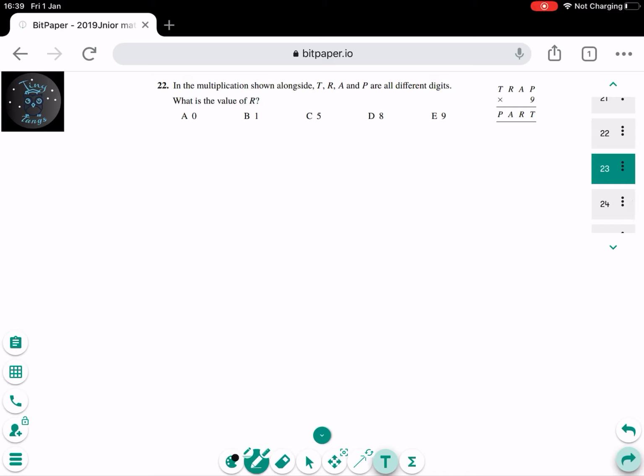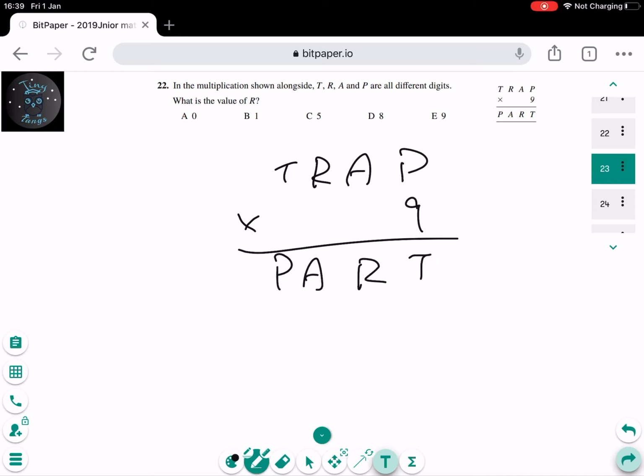For the next question, we have a number puzzle. TRAP times 9 equals PART. Because it is multiplied by a single digit, it makes things quite a lot easier because you wouldn't need to do the addition bit.